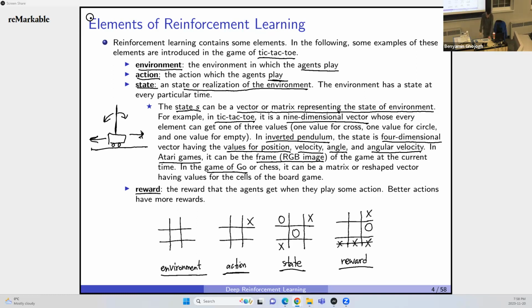So for the Game of Go or chess or these board games, what is the state? It is a matrix or reshaped vector having values of the cells of the board game. For example, in the Game of Go, I don't remember how many, but assume 10 by 10 dots.